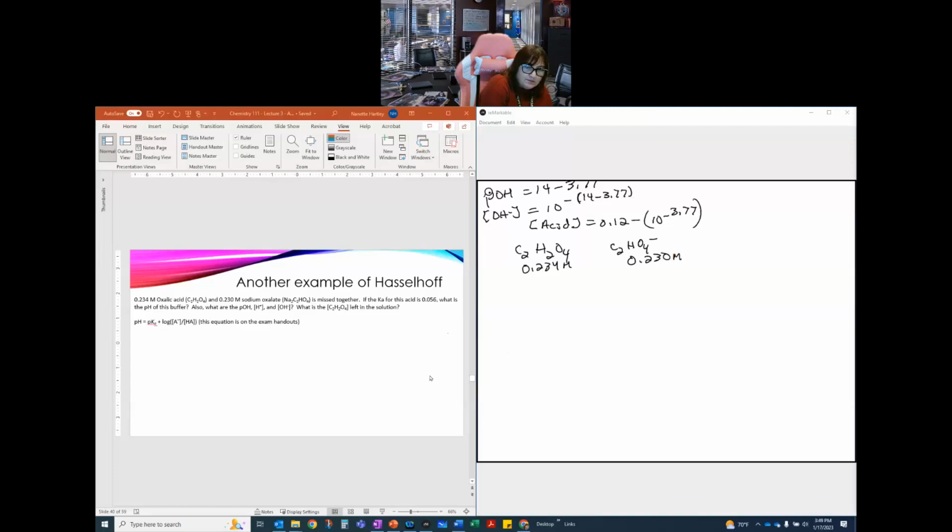The Ka for the acid is 0.056. What is the pH of the buffer?